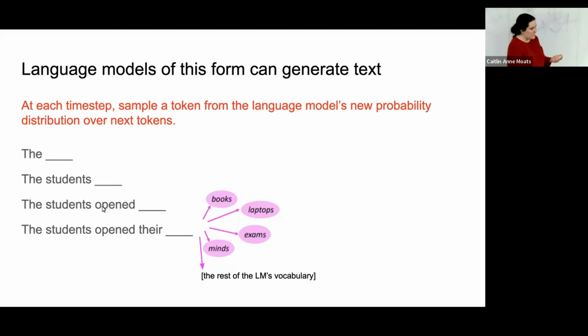Suppose I sample "students." I'll append "students" onto my context so far and rerun the model. So now I'll have a new probability distribution over what comes next. I'll sample from that, and maybe I'll sample "open." And you can keep doing this until the model samples the token that tells it to stop.